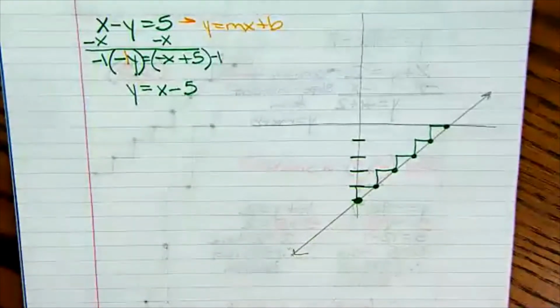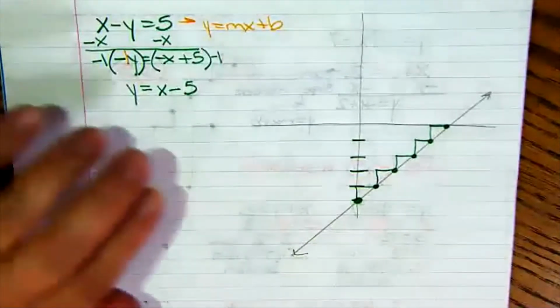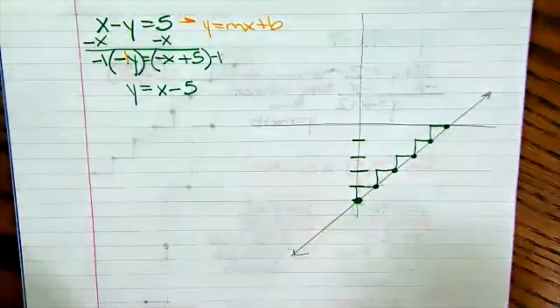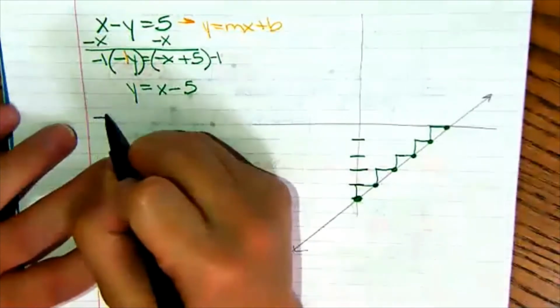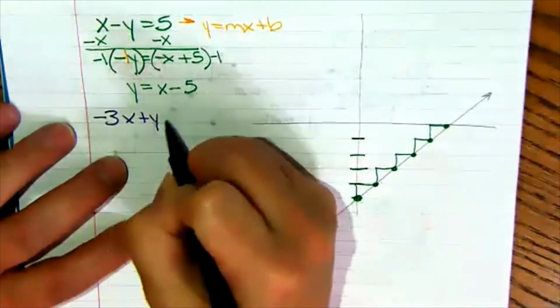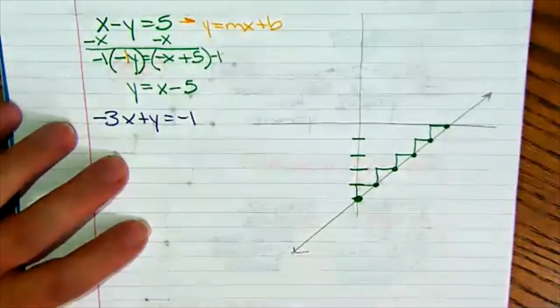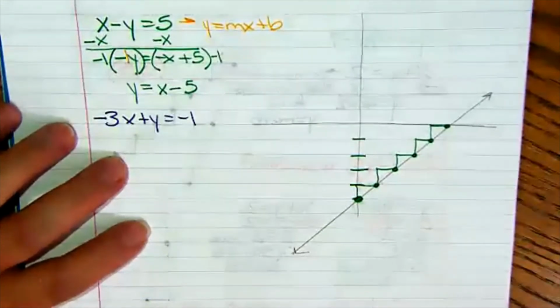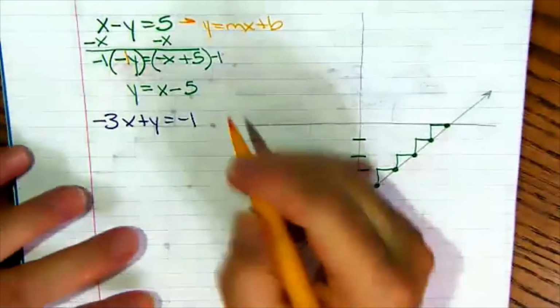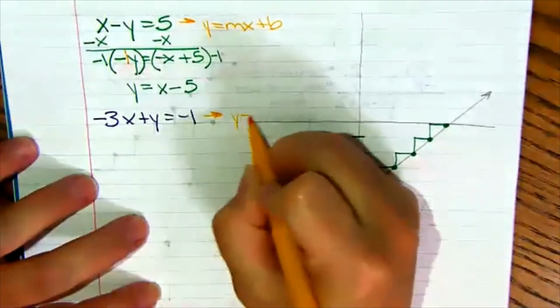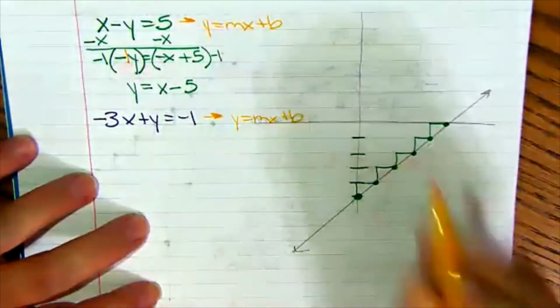Okay, now we need to graph our second line because we're talking about a system. And our second line is negative 3x plus y equals negative 1. So once again, this equation is not in slope-intercept form. I need it to look like y equals mx plus b.